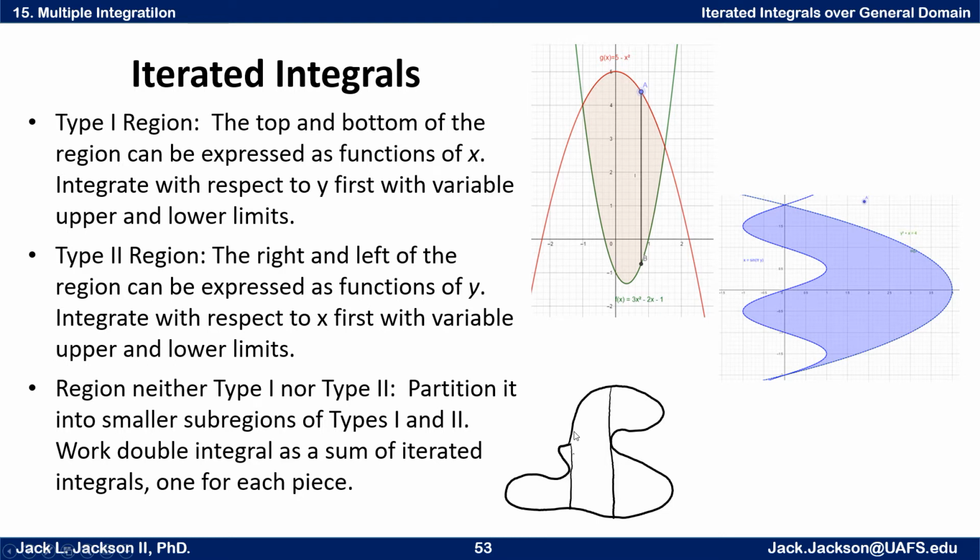These could be a bunch of type 1 regions or perhaps type 2 regions, depending on how we think of it. If we break this into 5 subregions, we end up with 5 integrals, an integral over each piece, and then add those up.